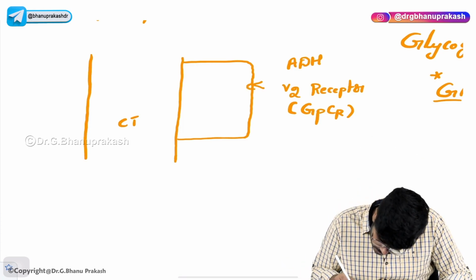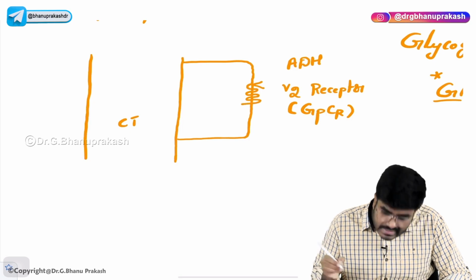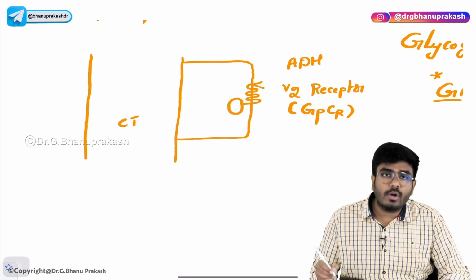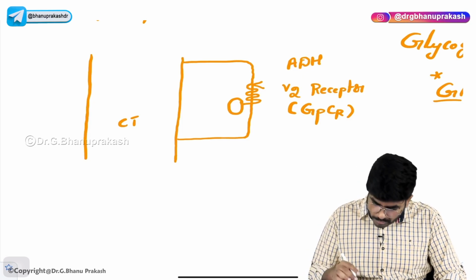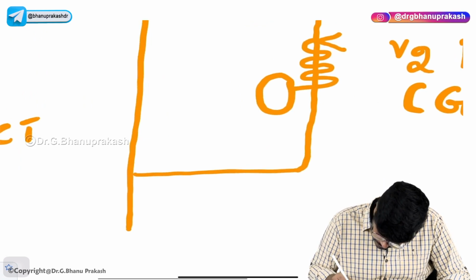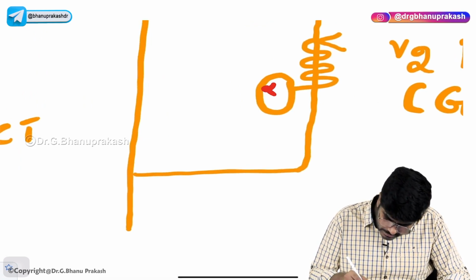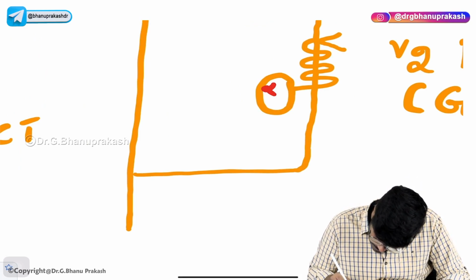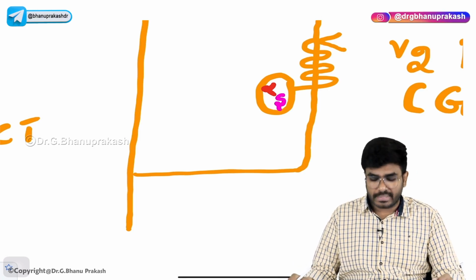So definitely it's going to be a 7-pass receptor. Now inside here there is an alpha component, beta component and gamma component. Let's talk about the alpha component. The alpha component here is alpha stimulatory, or G stimulatory component.